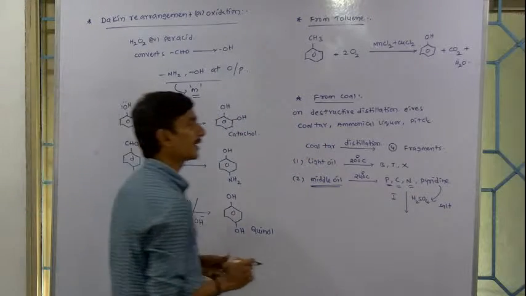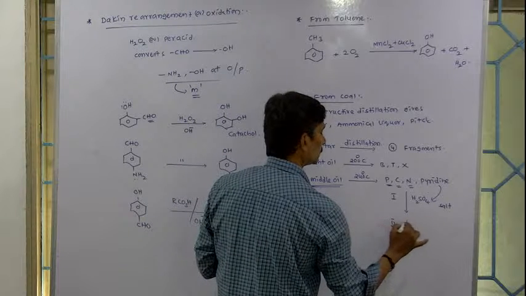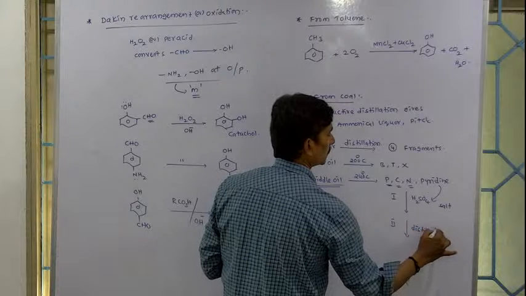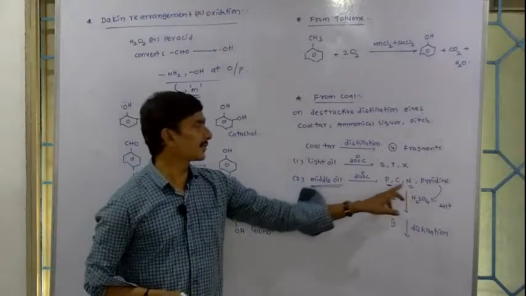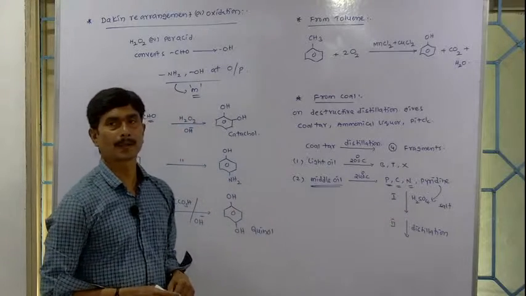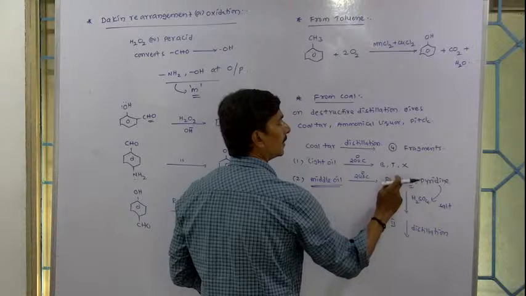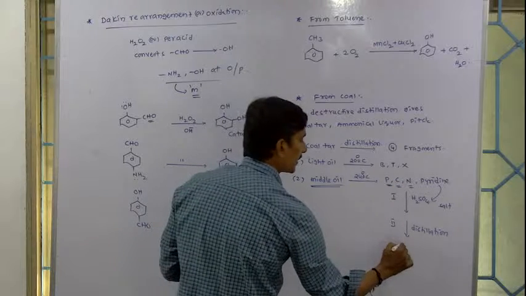Then come to phenol and naphthalene. In stage 2, on distillation, these three will have different boiling points. Then naphthalene and cresol can be separated. We may get the phenol.